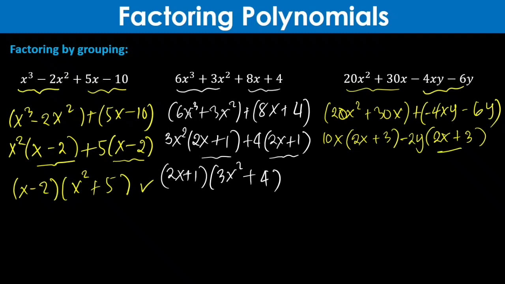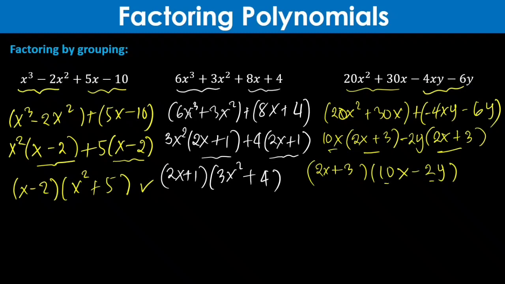Okay, now common of each term is 2x plus 3. We can take it out, which is 2x plus 3. And 10x will stay. That's 10x and 2y. We're not done yet. 10 and 2 have common factor, which is 2.